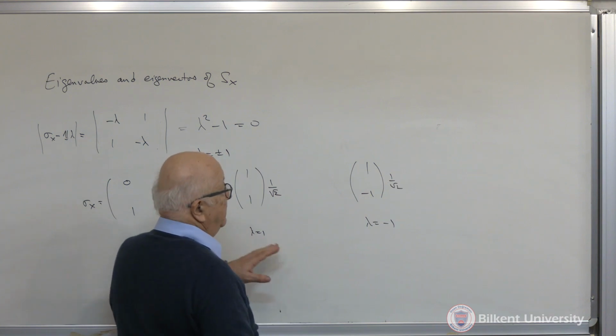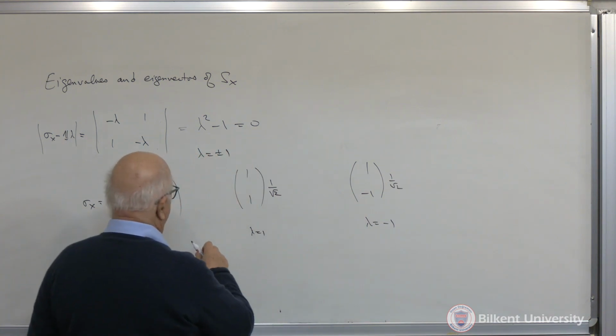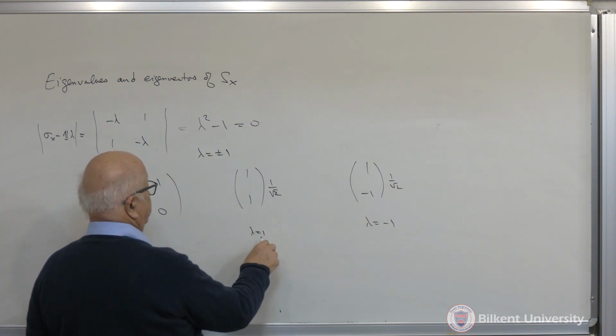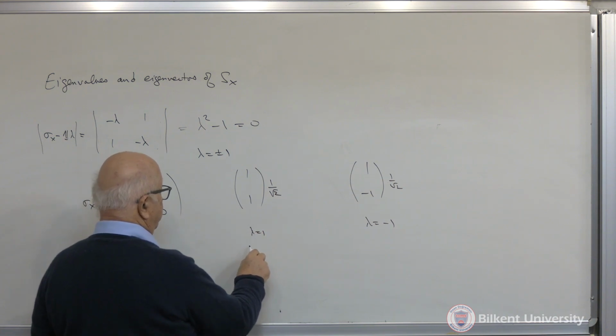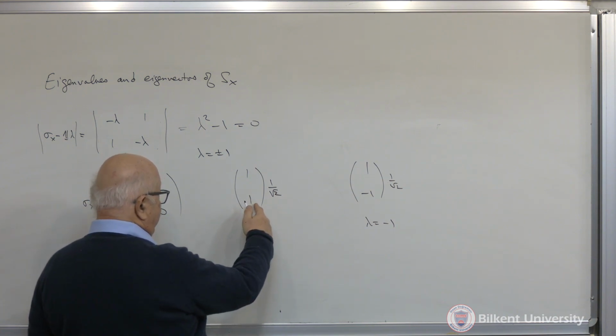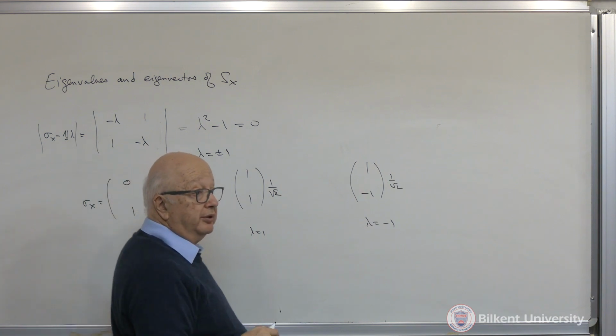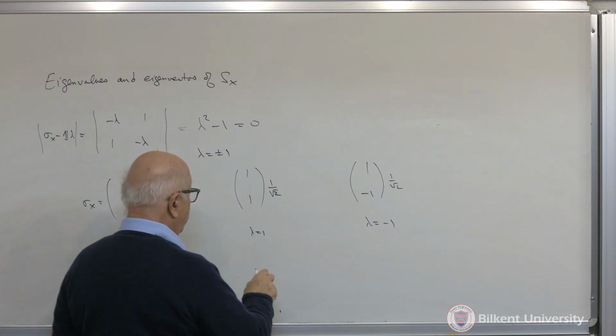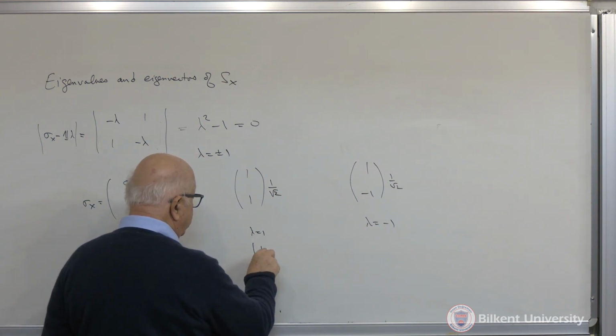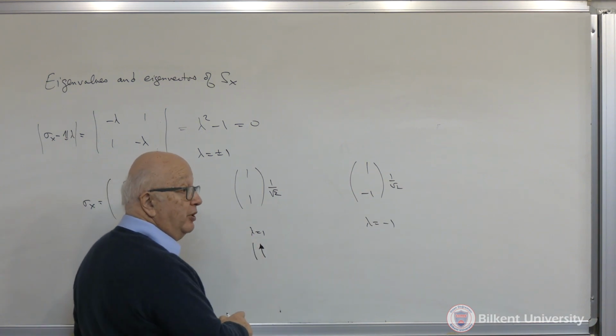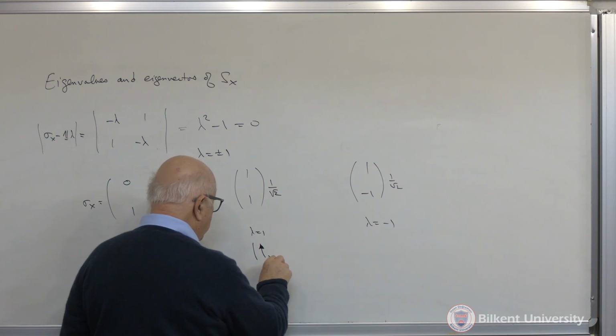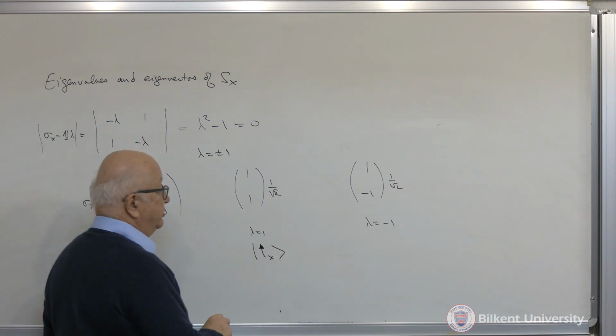So what does it mean in terms of the states? Well, this state corresponds to an upspin in the x direction. We use this notation for it. This corresponds to the plus h bar over 2 eigenvalue, upspin in the x direction.